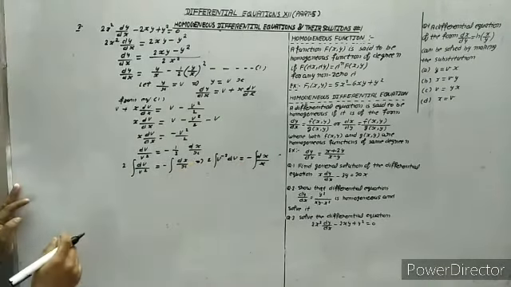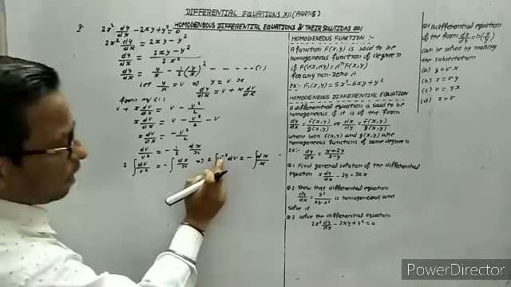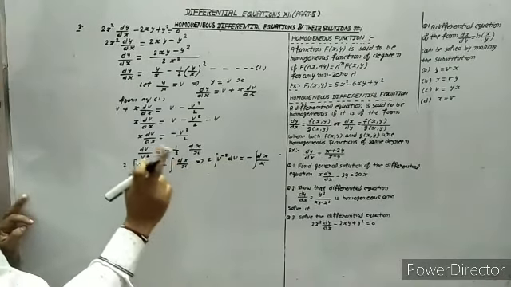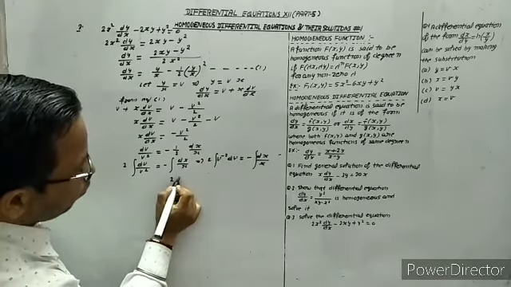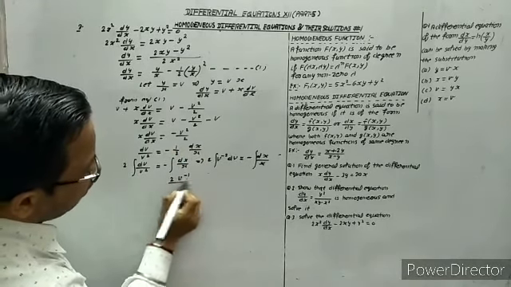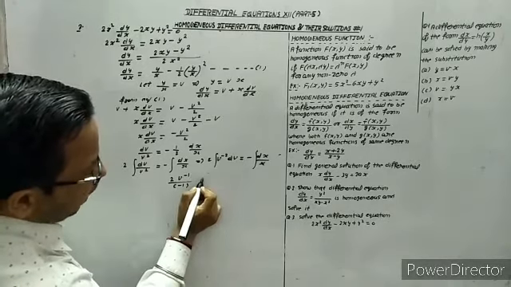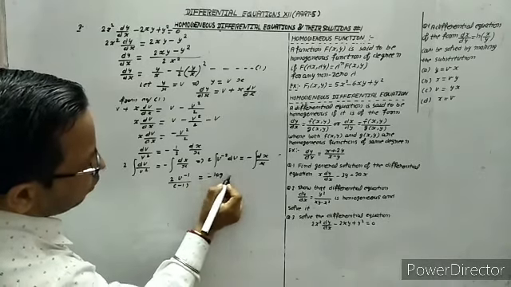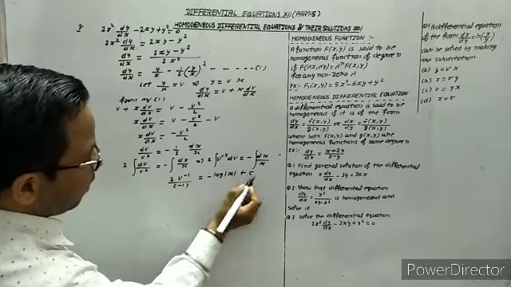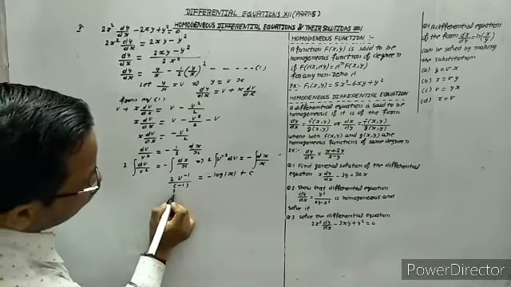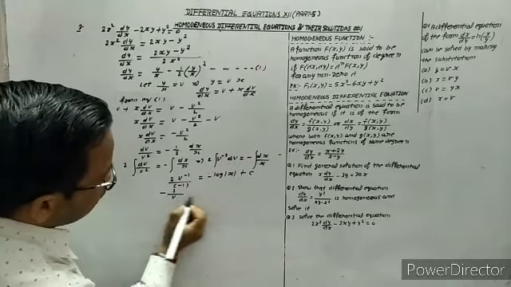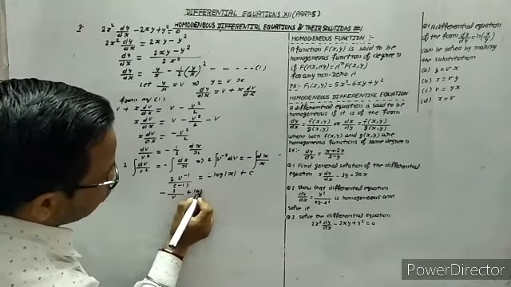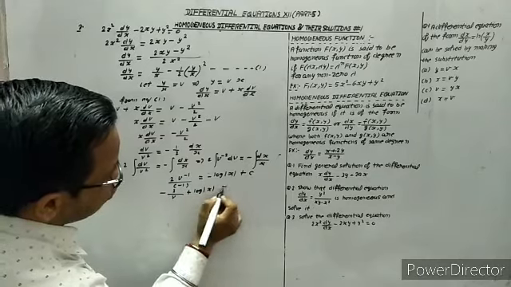Now integration of v to the power minus 2 gives v to the power minus 1 upon minus 1. It means 2 times v to the power minus 1 upon minus 1 is equal to minus log x plus c. It means this becomes minus 2 upon v plus log x is equal to c.